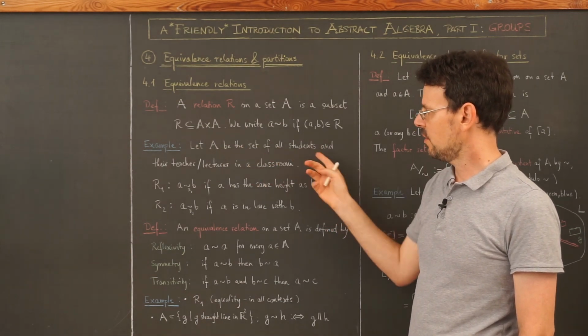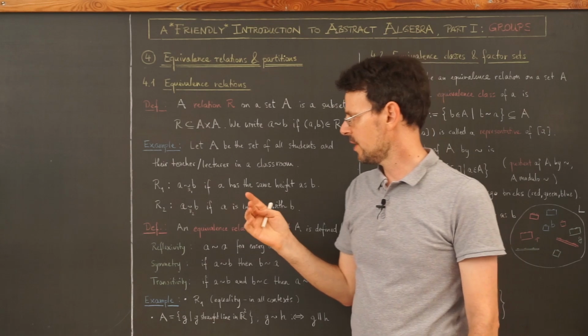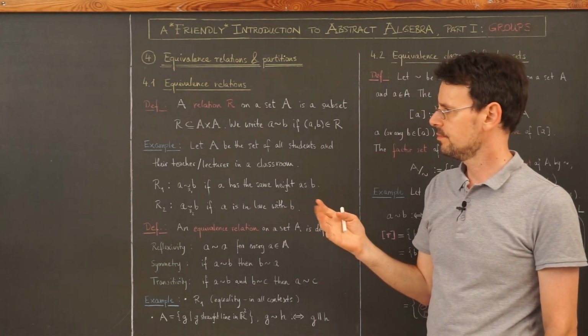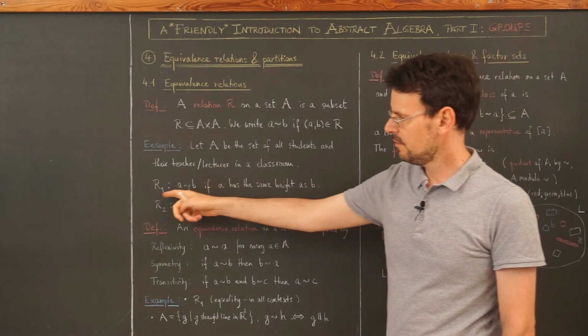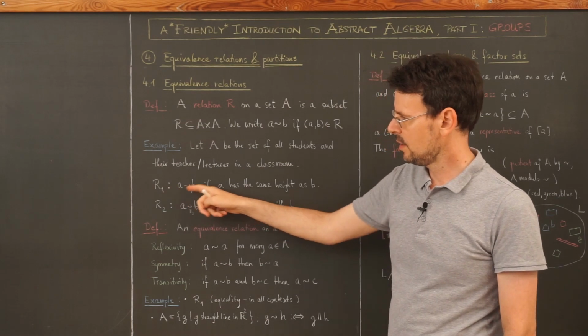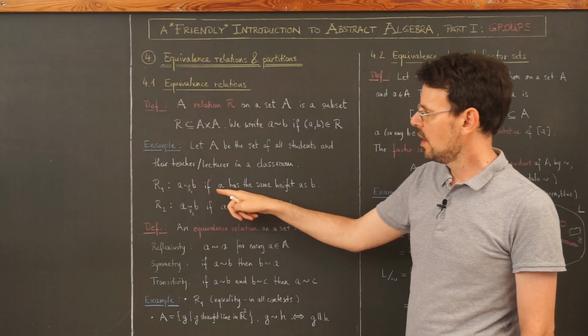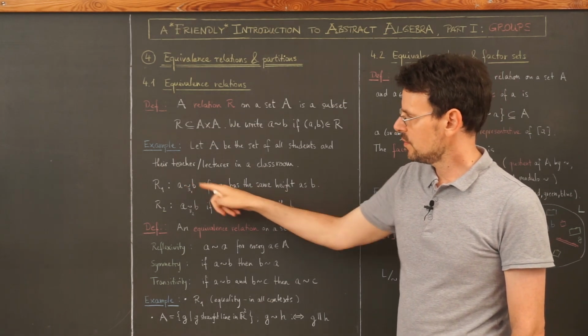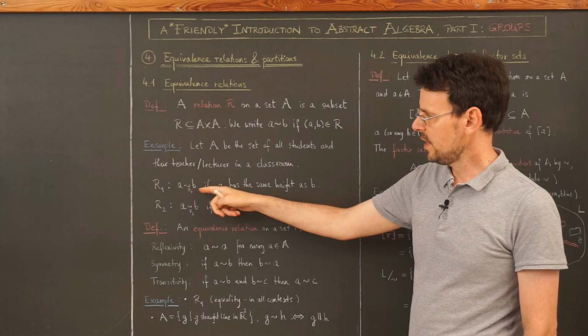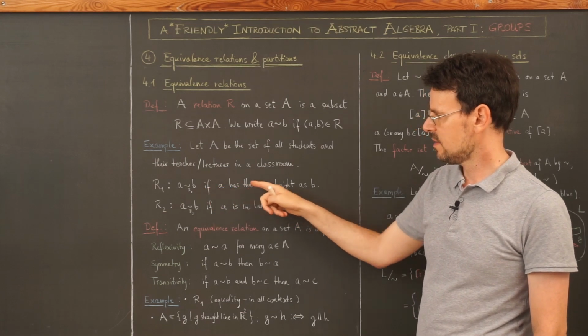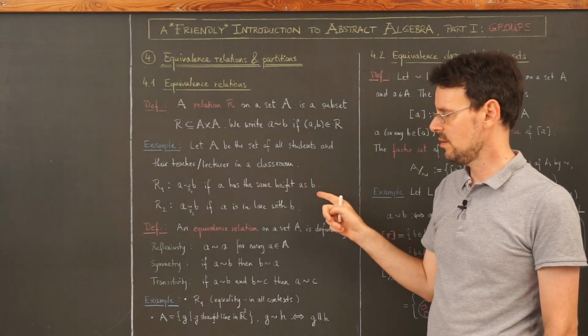Let A be the set of all students and their teacher or lecturer in a classroom. Then I can define a relation by a tilde b, with R1 as a subscript. I call two students or their teacher in relation if a has the same height as b.